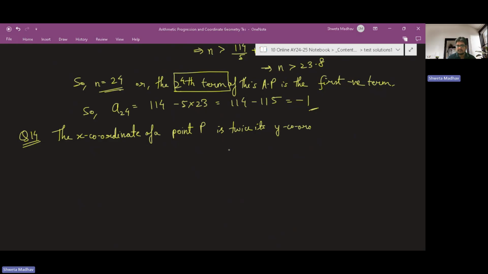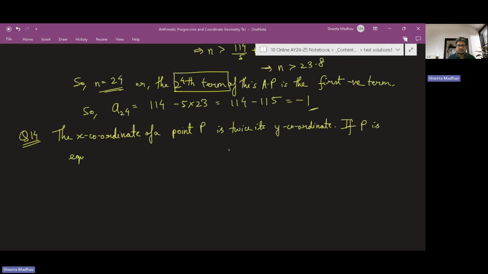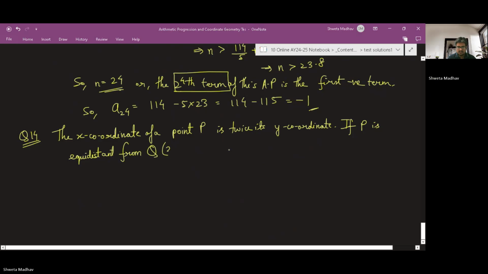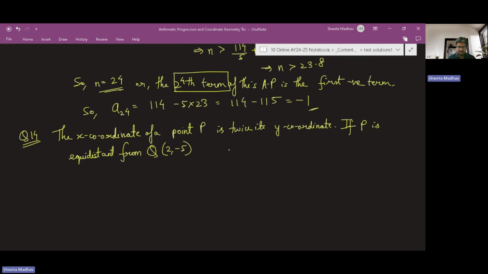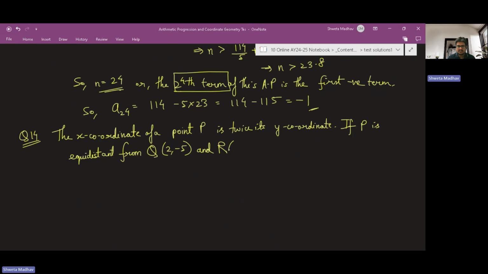P is equidistant from Q, which is (2, -5), and R, which is (-3, 6). Find the coordinates of the point P.